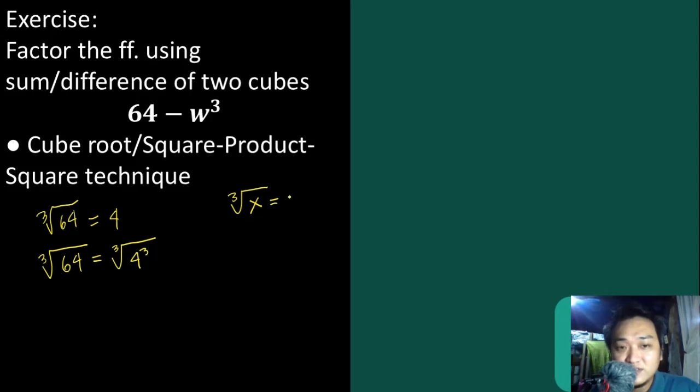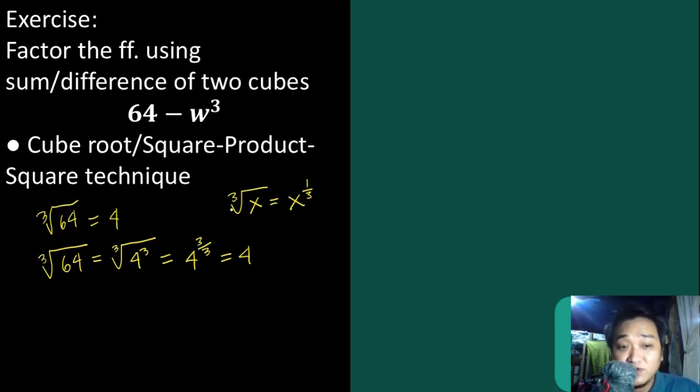So, that is also the same as x raised to 1/3. O, yung 3 na pupunta sa denominator. So, in this case, we have 4 raised to 3 over 3, and that will be 4 raised to 1. No need to write 1. So, the cube root of 64 is 4.